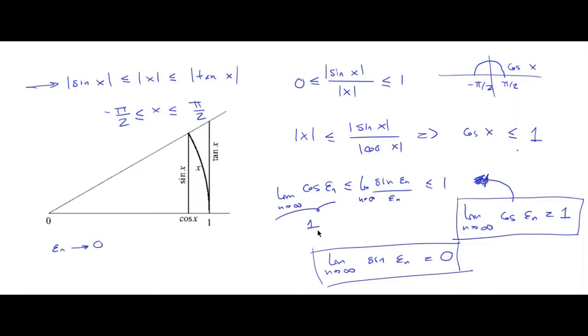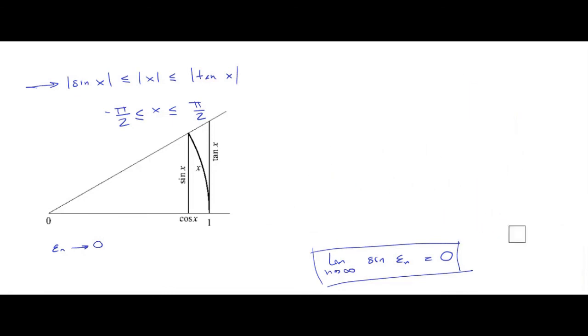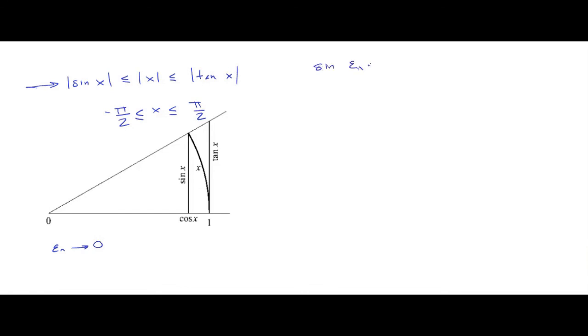So again, using the sandwich theorem, we have that the limit of the sine of epsilon sub n divided by epsilon sub n is 1, which is one of the equivalences that we wanted to prove, right? In other words, the sine of epsilon sub n is equivalent to epsilon sub n, right? So this is what we want.